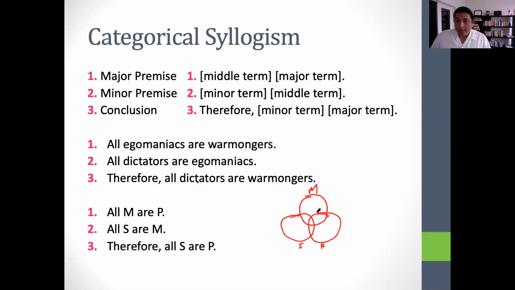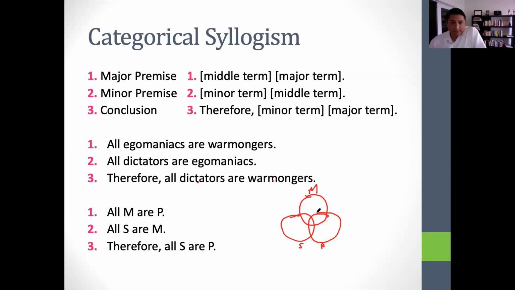When the content of the conclusion is not contained in the information diagrammed out for the premises, it's invalid. So I'm going to walk you through this one here. What you do is diagram out 1 and 2 and see what you have there, and then compare it with the information at 3.